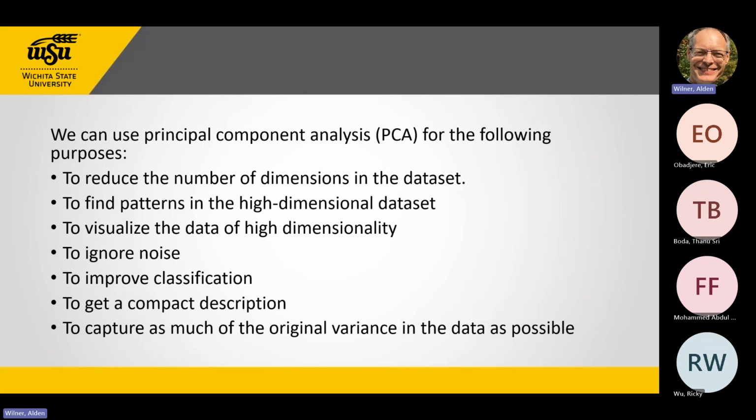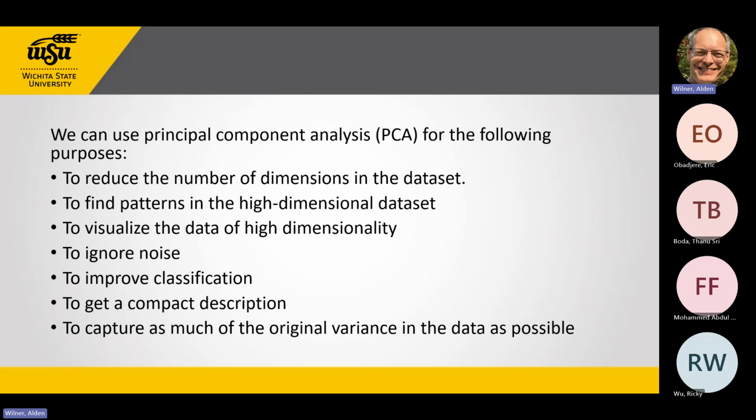So we're using PCA in various different places. First, to reduce the number of dimensions, to remove the curse of dimensionality, get us a better model, right? This helps us find patterns in our high dimensional data set. It helps us visualize our high dimensional data. It helps us ignore noise, because in that high dimension, some of our data is just meaningless noise.